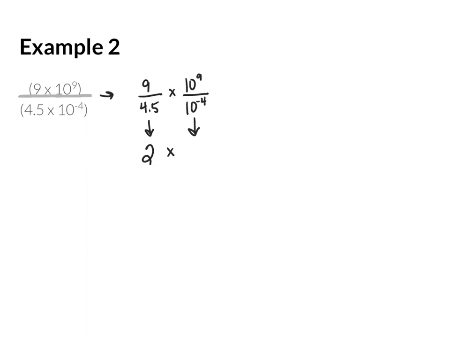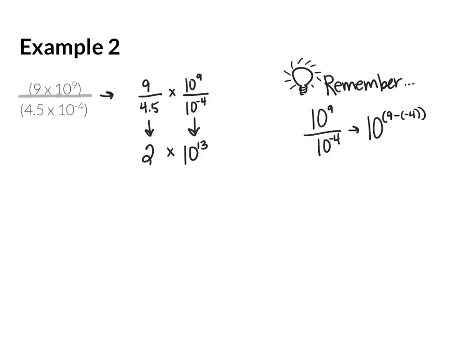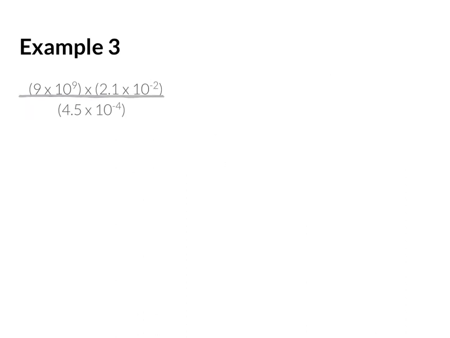And then 10 to the ninth divided by 10 to the negative fourth gives me 10 to the 13th. Because remember, when we're dividing exponents that have the same base, we subtract each of the exponents, giving me a positive 13.